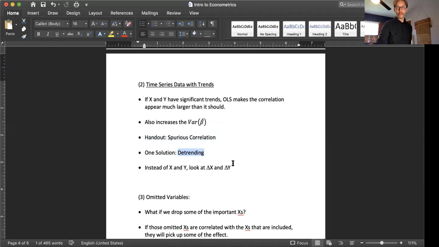But one simple way of detrending data, or coming close to it, is instead of using your model with X and Y, use the change in X and the change in Y. In other words, don't look at what the variable is each period; change your data so that it looks at the change in the variable each period, and then use that in your model. You likely will find that you get much different results if your data has trends in it.